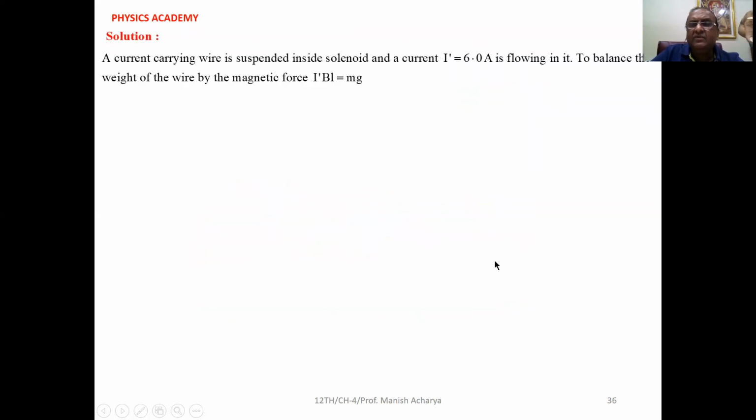Now, in this particular magnetic field, the current carrying wire is placed. So, to balance the weight of the wire, the magnetic force on the wire, which is I dash BL, should be equal to mg, where I dash is the current through that wire.